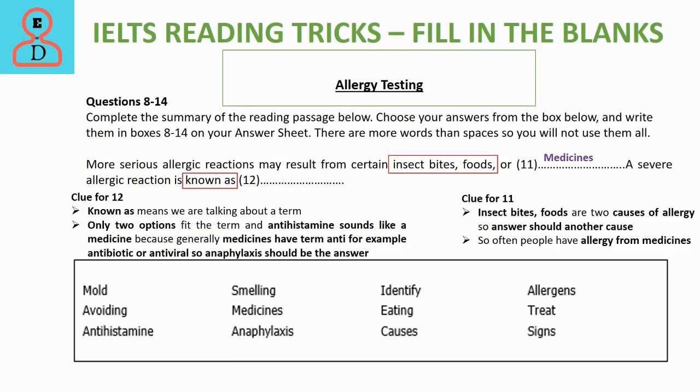Those are antihistamine and anaphylaxis. The sentence is talking about a term that describes severe allergic reaction. Now, antihistamine sounds more like a medicine, for example, antibiotic or antiviral. So the other option, that is anaphylaxis, should be our answer here.